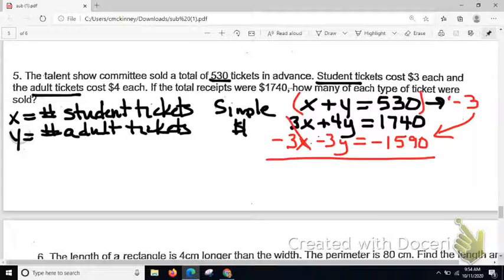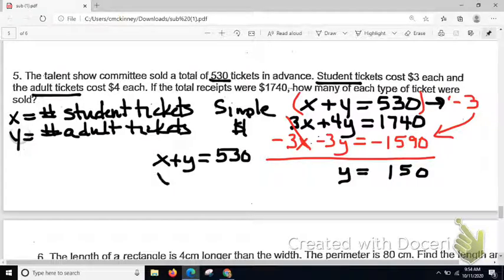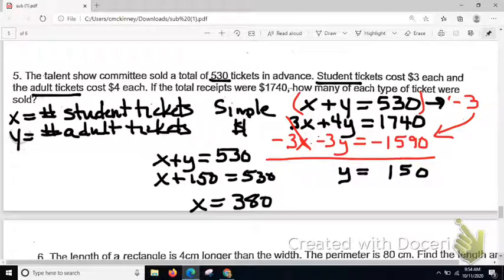And I come out with 1y, or just y, is equal to, what is that, 150? Yeah. So y is 150, and if x plus y is 530, then x plus 150 is 530, take away 150, and x would be 380.